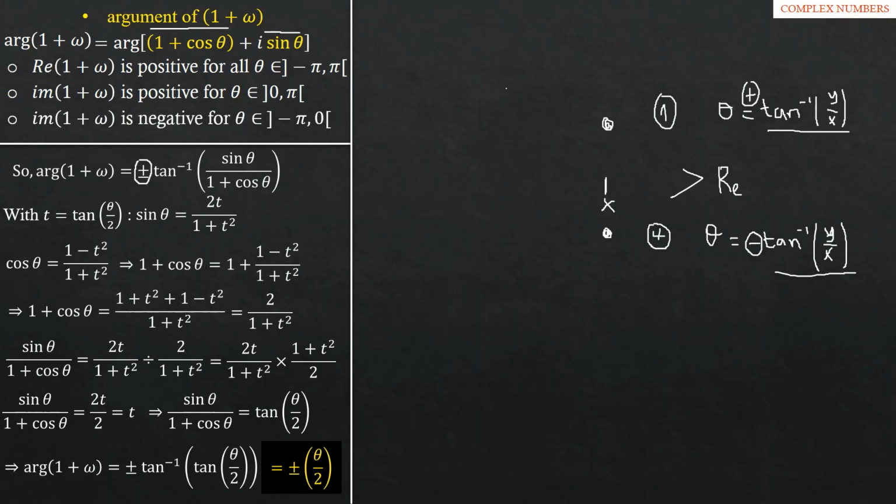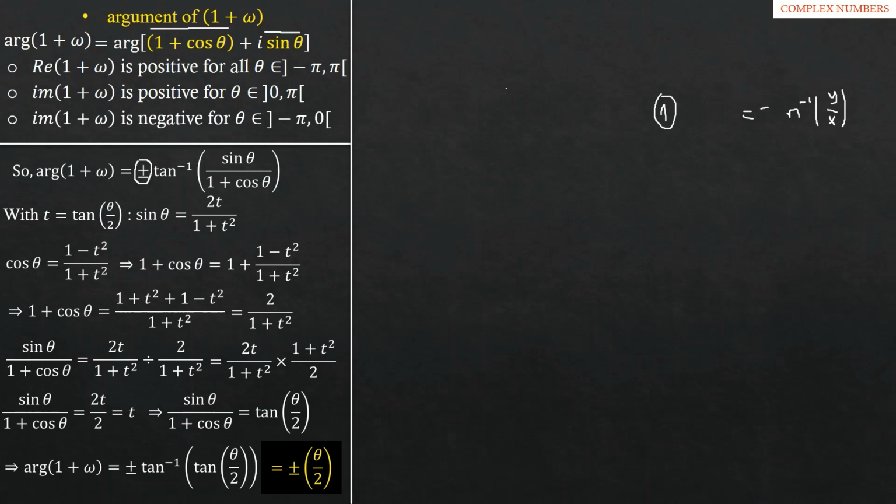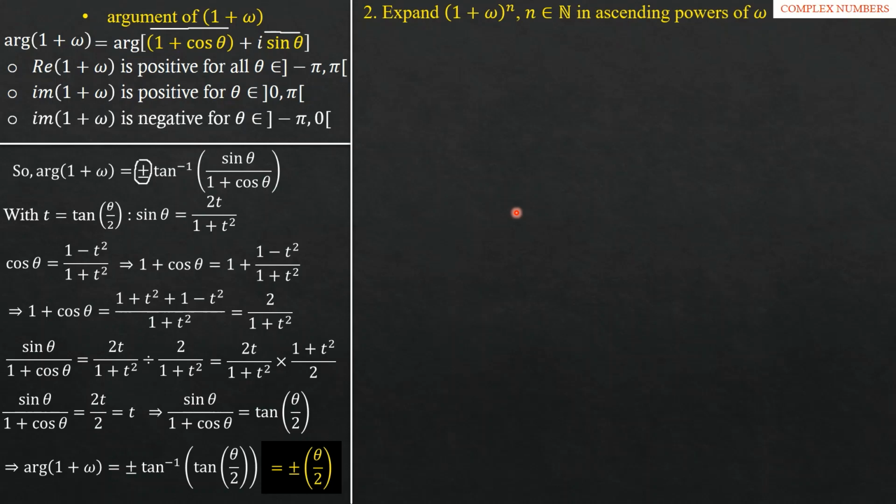So now we are going to the second part of the equation. Just give me a few minutes to wipe this out. Alright, so the second part of the equation, we are asked to expand 1 plus omega raised to the power n, where n is a natural number, in ascending powers of omega.